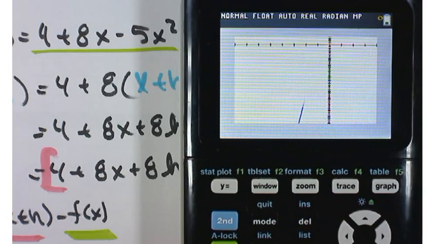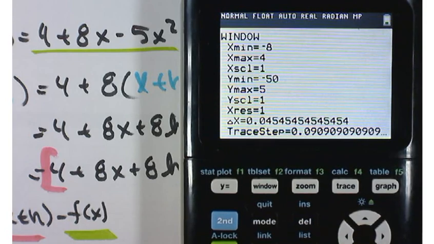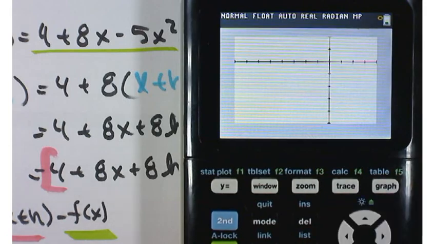Okay. I still don't have the top of it. Darn it. All right. Last try. 20. Okay. So this is giving me a good enough graph that I can figure out what I want out of this.